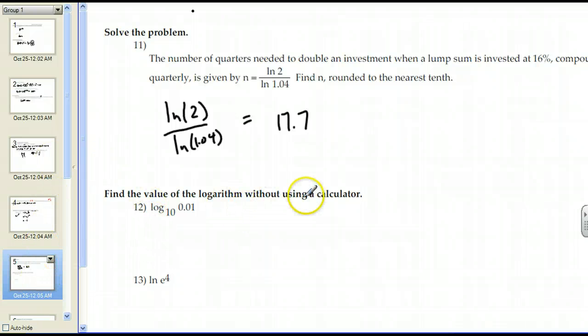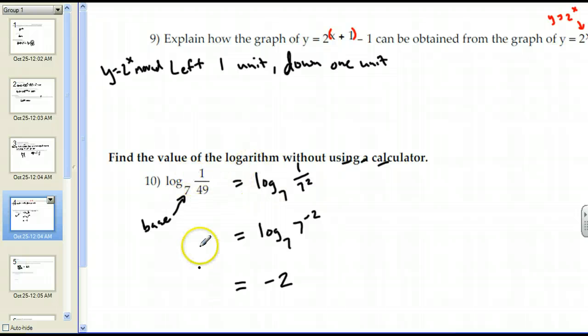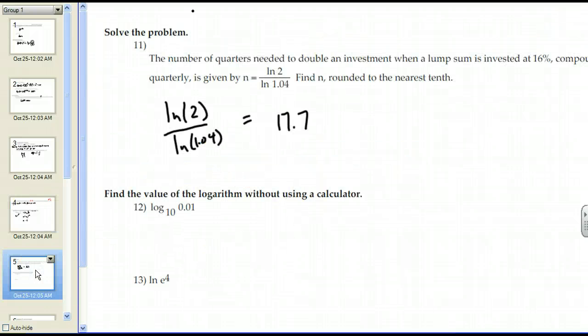Find the value of the logarithm without using a calculator. Again, this is similar to this problem right here. Log base 10 of 0.01, 0.01 is one hundredth. 100 is equal to 10 squared.